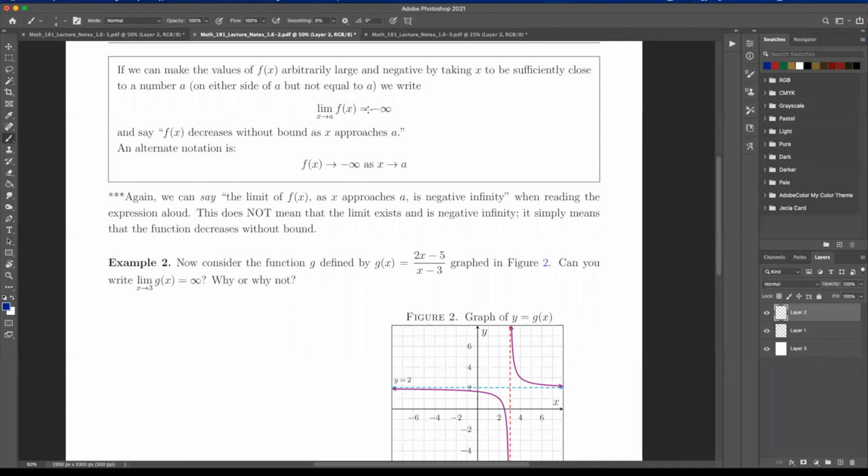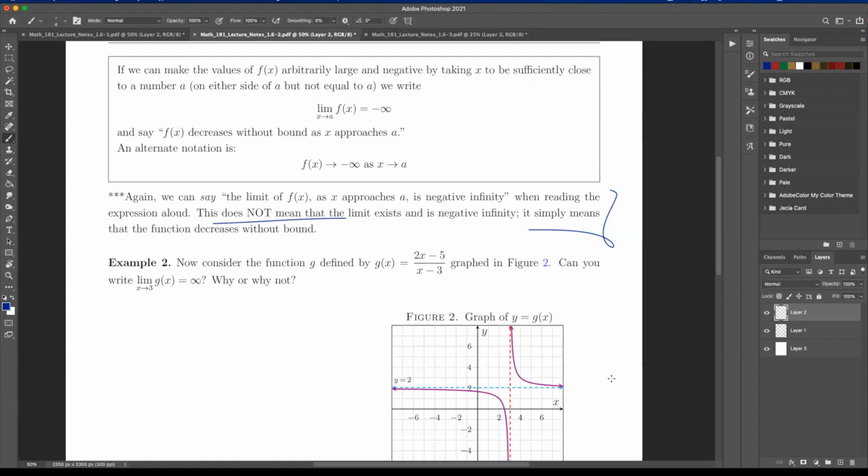Again, we can say this, but it does not mean the limit exists here. Just be very careful about that. Have I beaten this horse to death? I suppose so, so we'll kind of ignore it from now on.